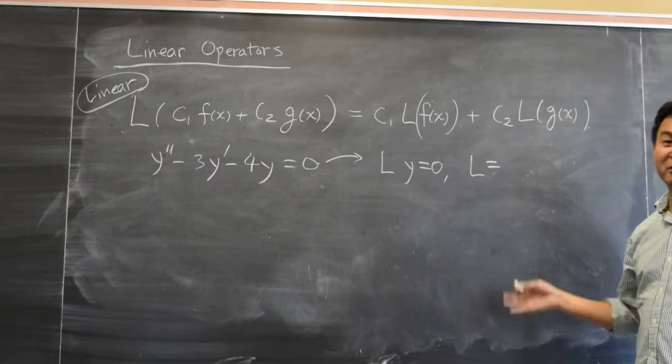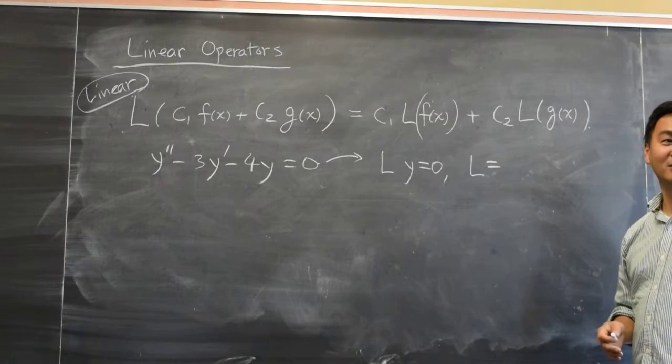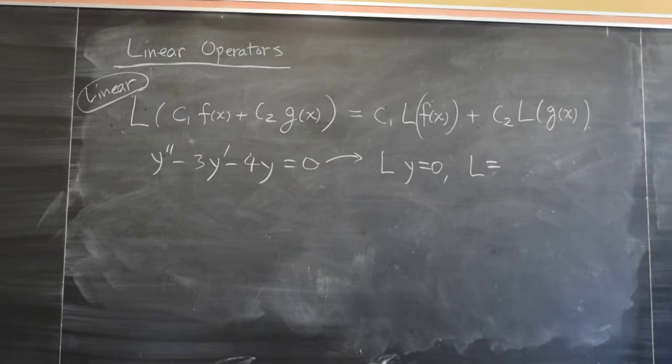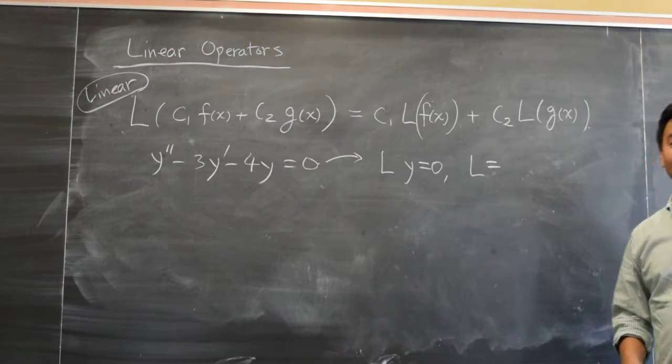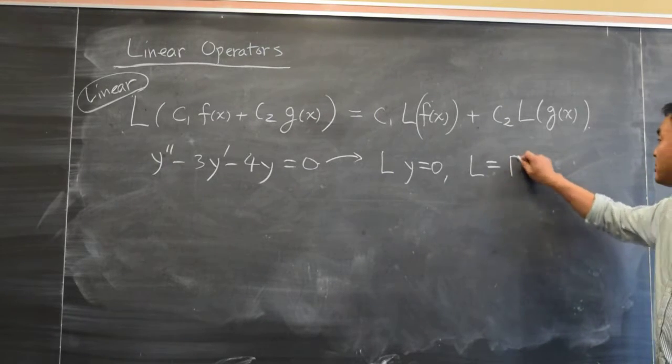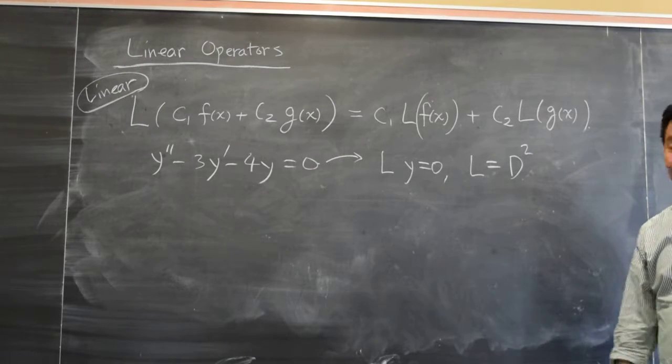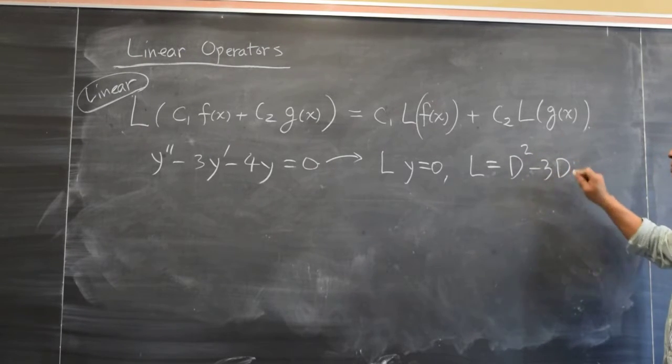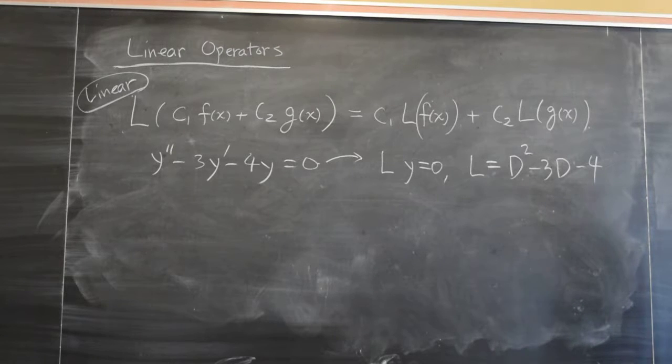Now, what operator is on the left? What's the operator on the left side? I just wrote it. That's D squared minus 3D minus 4. That's the operator, right?